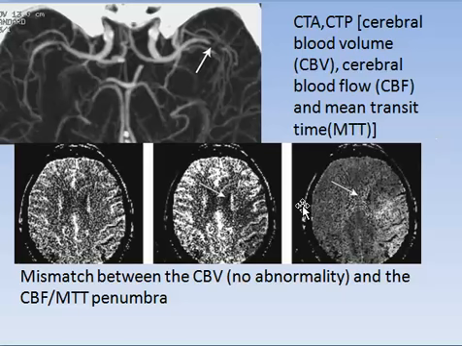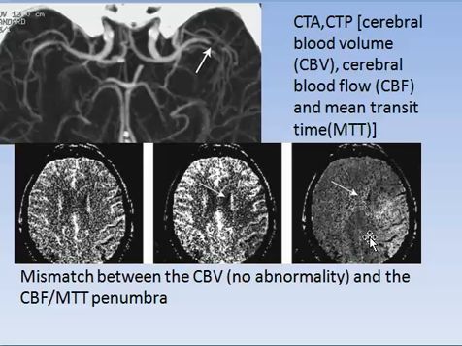Now, this is the cerebral blood volume showing a small area here of low density. This is the cerebral blood flow showing the area is extending to involve most of the distribution of the middle cerebral.